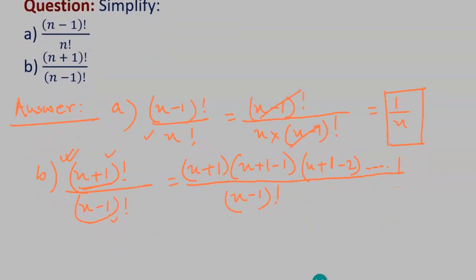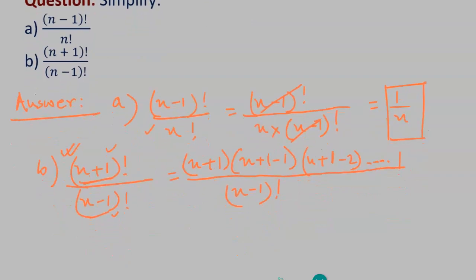And what is this part equal to? Now if I write this, n plus 1 stays as n plus 1. These two will be getting cancelled, and we have n. And what is this? n plus 1 minus 2 is n minus 1. If I take the next term, it will be n plus 1 minus 3, which will be equal to n minus 2. And this will be continuing up to 1.